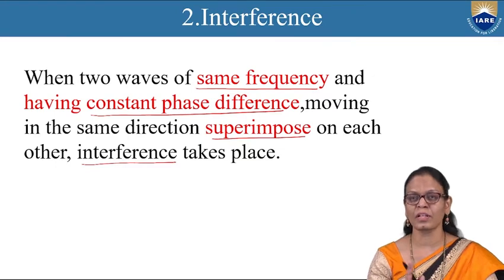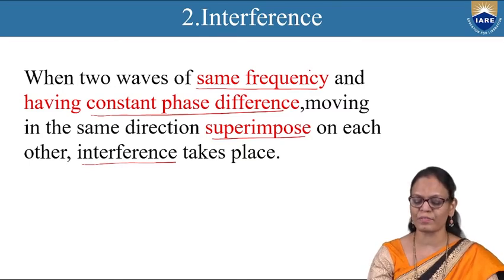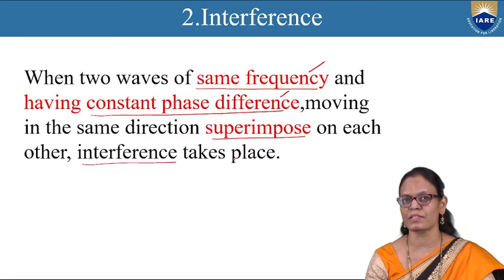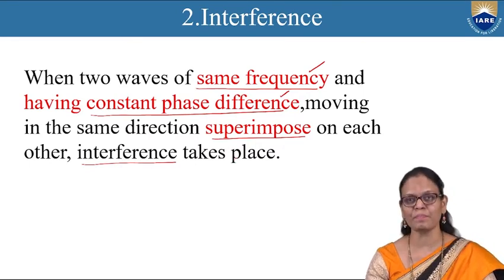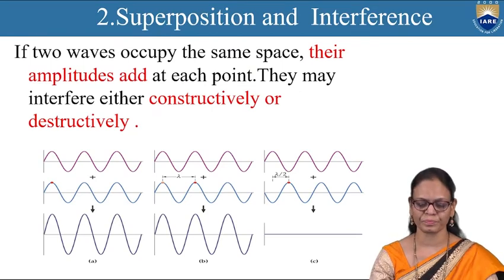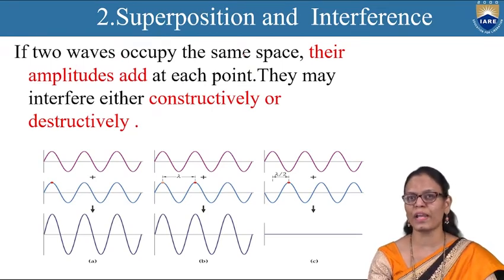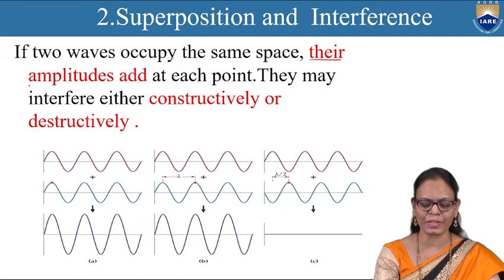So we are talking about superposition before. So now the same principle, if we are considering, they should have the same frequency and a constant phase difference, then we get interference. So let us see the types of interference also. So if the 2 waves occupy the same space, means they arrive at the same point simultaneously, their amplitudes add.